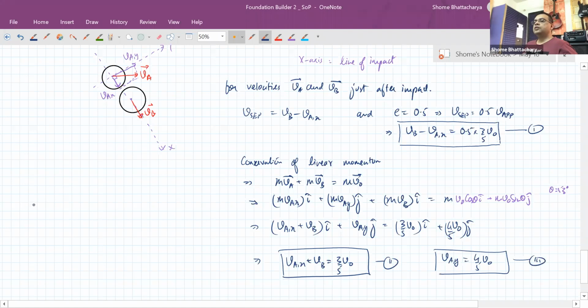So my unknowns now are VAx, VAy, and VB. So three unknowns, and I've got three equations. So all I need is to solve them now. So from equation 1 and 2, next thing you can see, we have this. Okay.